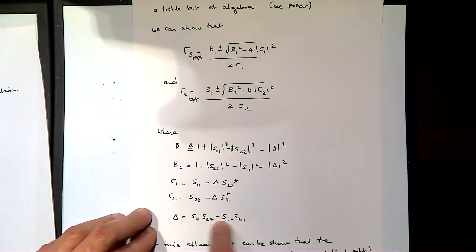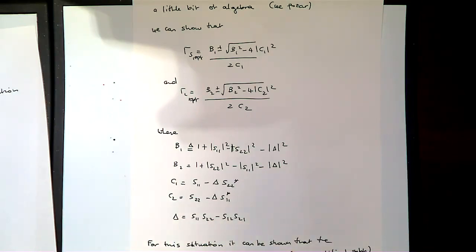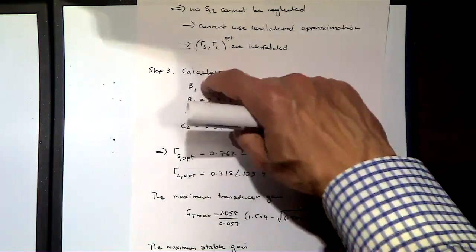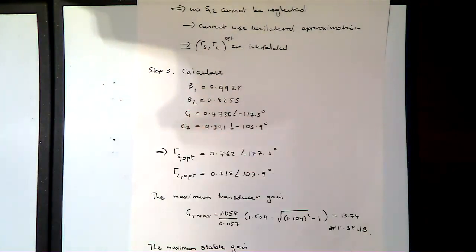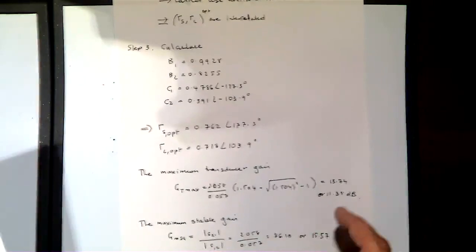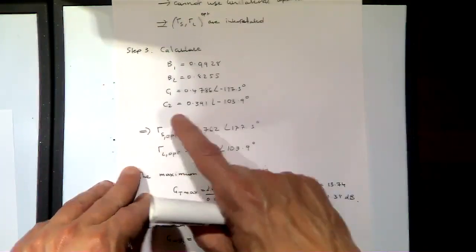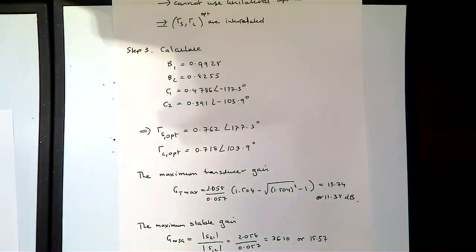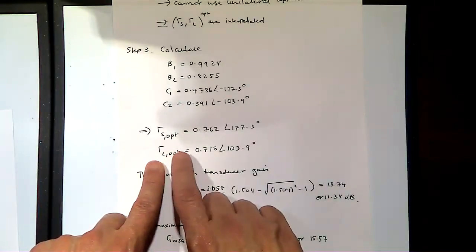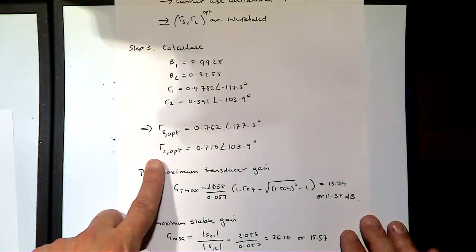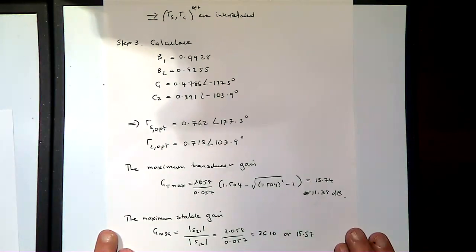So when you go through this, you can work out what B1, B2, C1 and C2 are, and then determine by substitution the optimal source reflection coefficient and load reflection coefficient. And these are the two values.